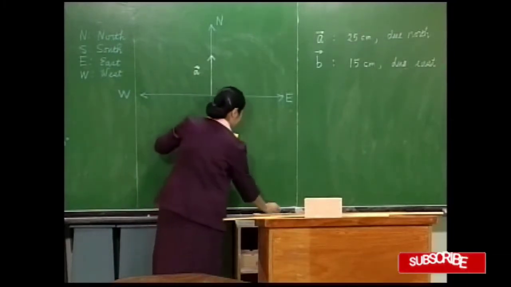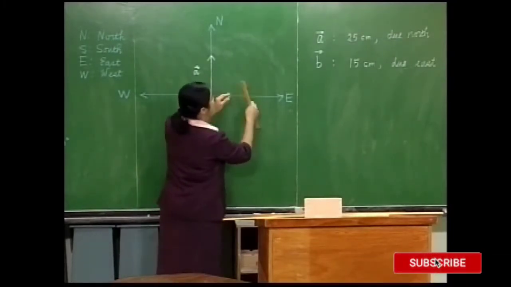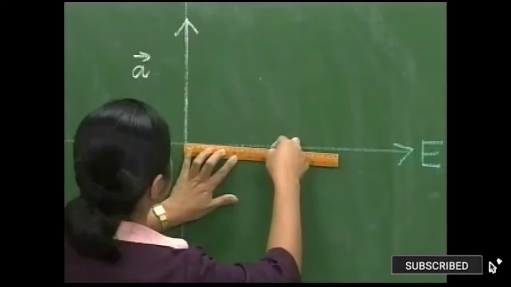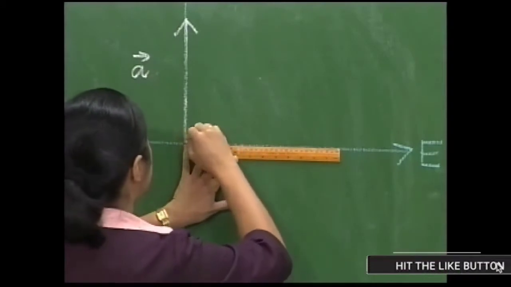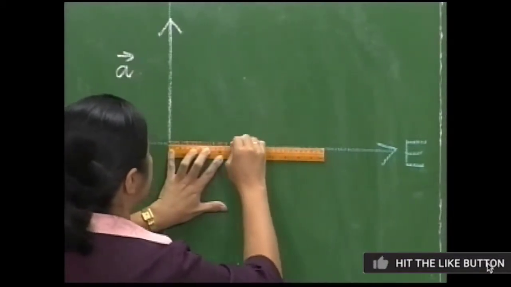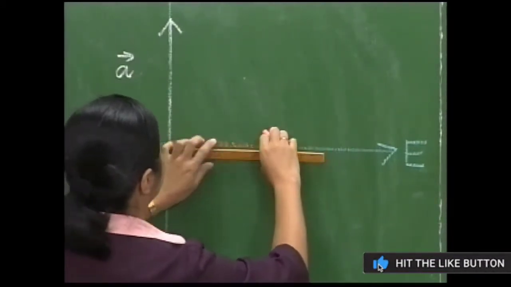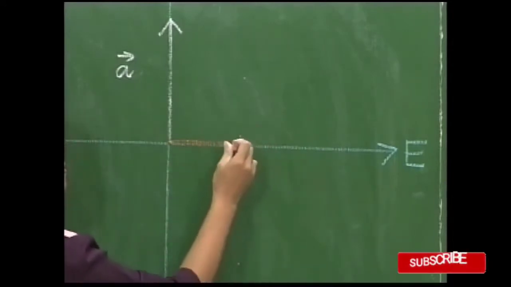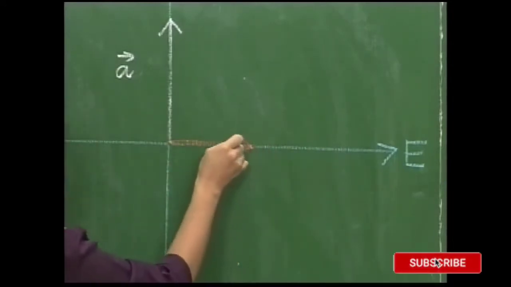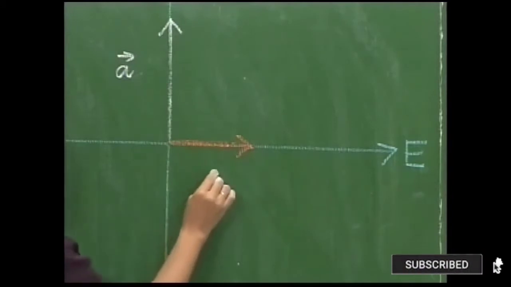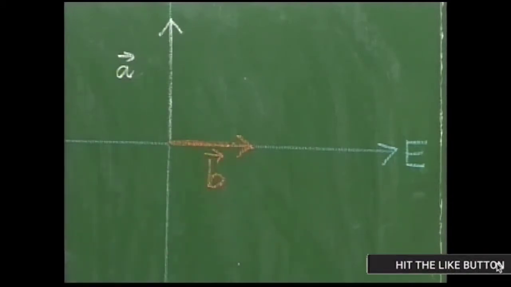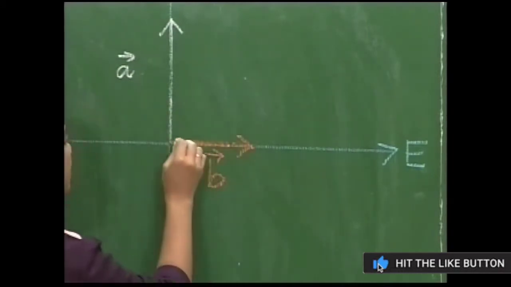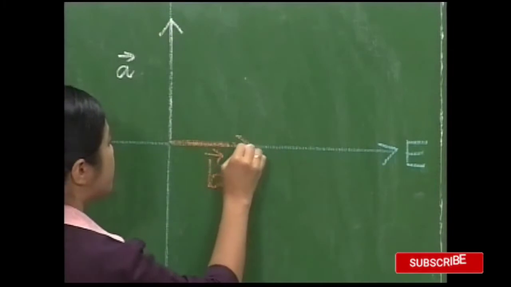So, now I can draw my vector 15 centimeters directly on the axis. And this is my vector B. I hope this is clear enough. Let me just superimpose.